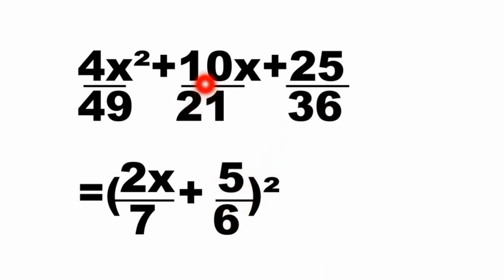And we derive that 10x over 21 is twice the product of the first term and the last term, 2x and 5. But because the numerator has a factor of 2 and the denominator has a factor of 2, we cancel them out. So that's it.